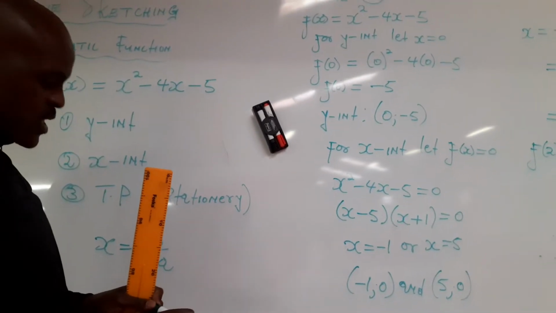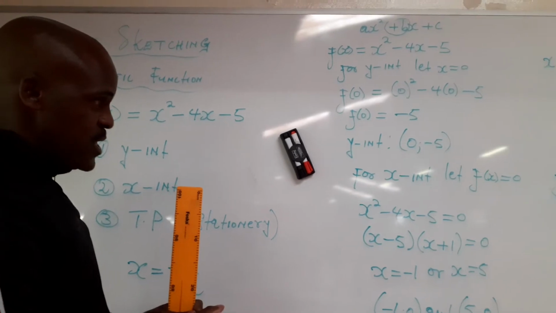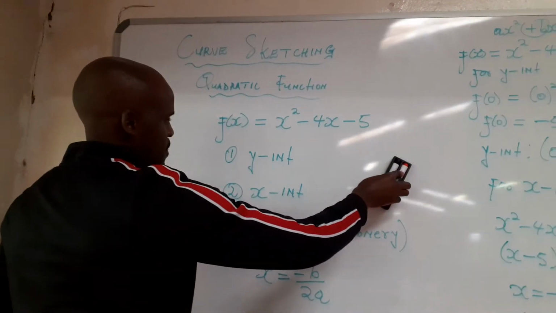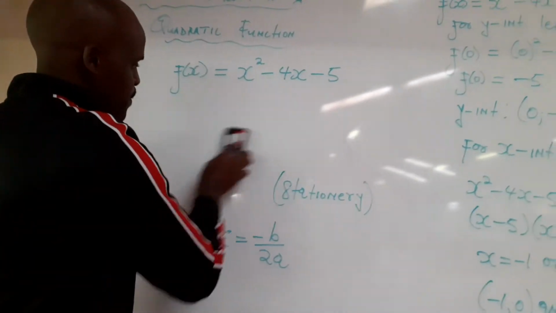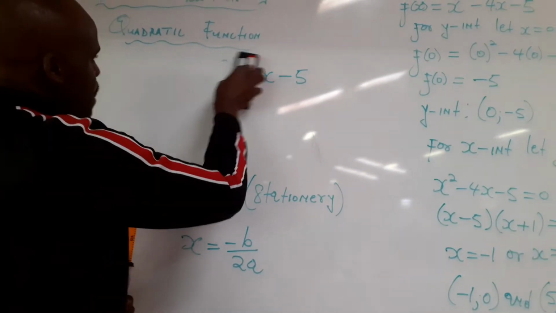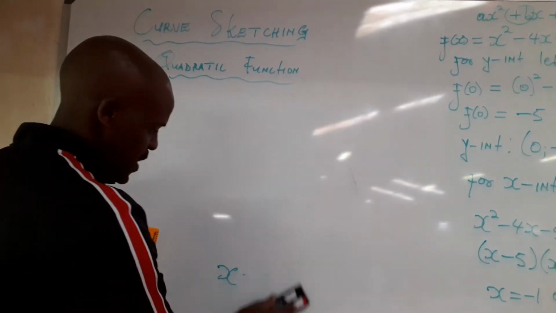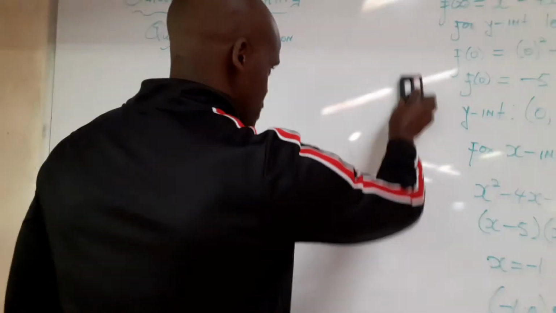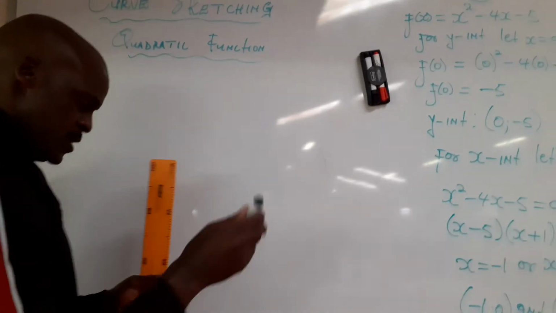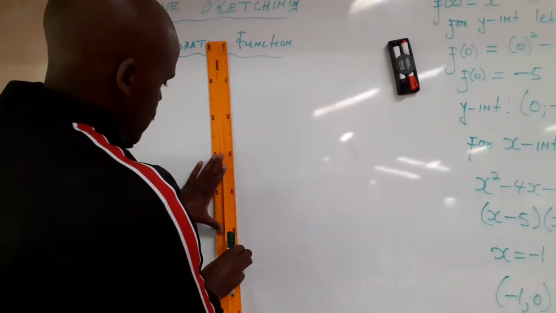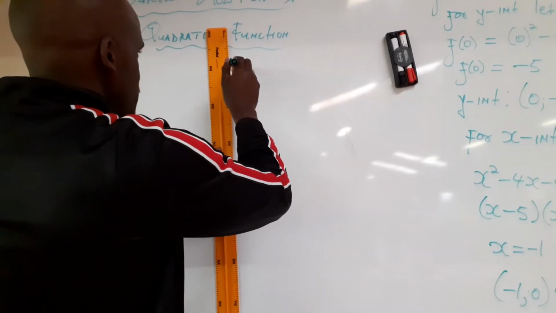Now we are to sketch our graph. Let's sketch the graph. Right, there is no scale. To sketch a graph, you are just going to use the Cartesian plane only.